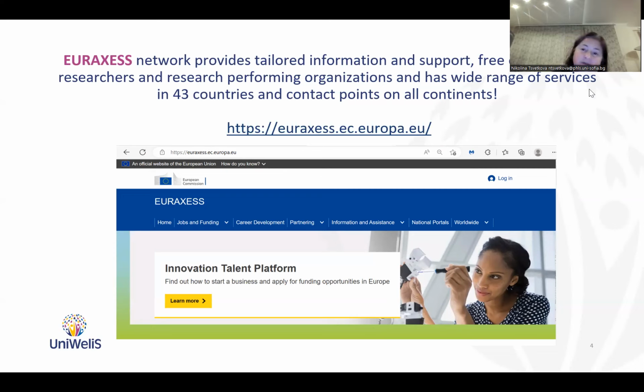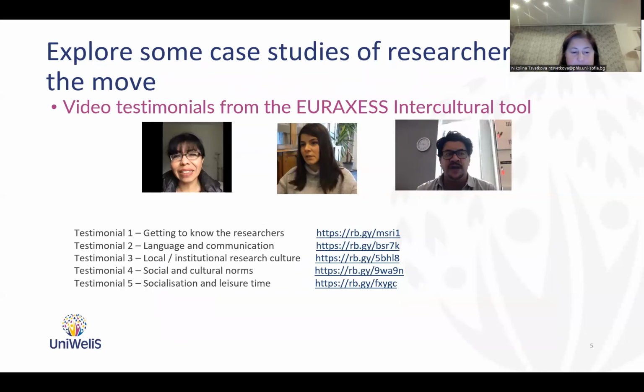You can also find contact points, not just in Europe, but also on all continents, and we strongly recommend that you take a good look at what the EURAXESS portal can offer. The portal contains a lot of resources and videos dedicated to researchers on the move.